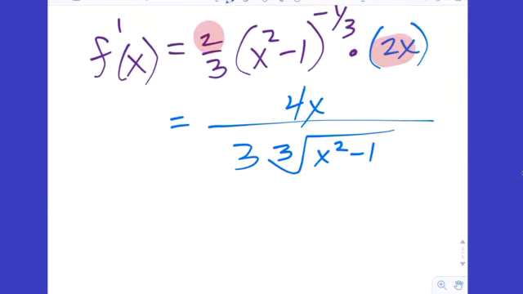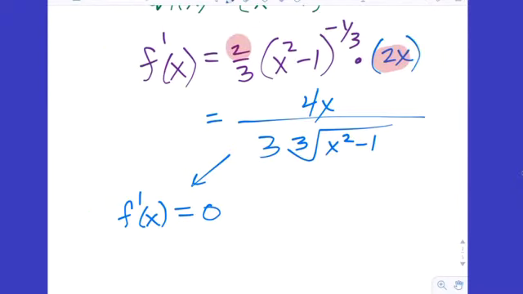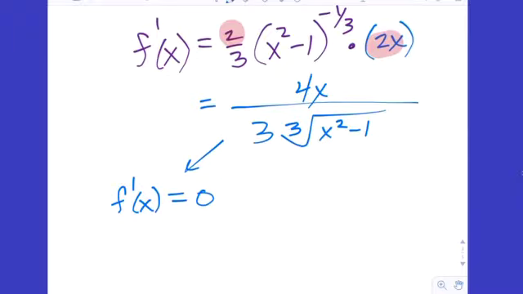Okay, so now we're going to use this twice. So kind of like do a little fork in the road. The first thing you want to do is see where f prime of x equals 0. Anytime you are solving an equation, you have to show the equation you're solving. All right, in this case, we're setting the whole thing equal to 0. Now, because it's a single fraction, it is equal to 0 when the what is equal to 0? Just the numerator, yeah.